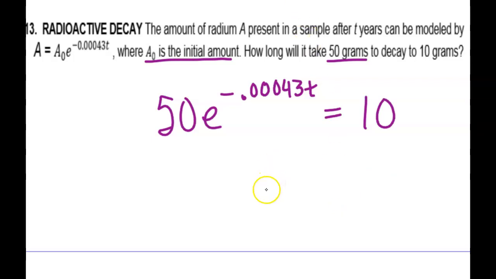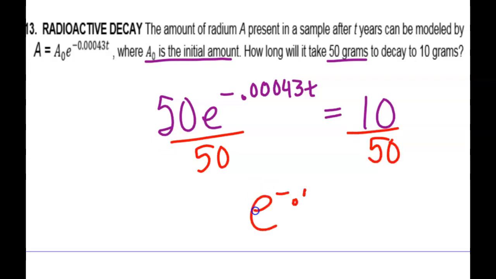I'm going to do a lot more applications on Monday, but what do we do first? Algebra 1 brain. Divide by 50. E to the negative 0.00043t equals, I'm going to leave it 10 over 50, because what do we do next?